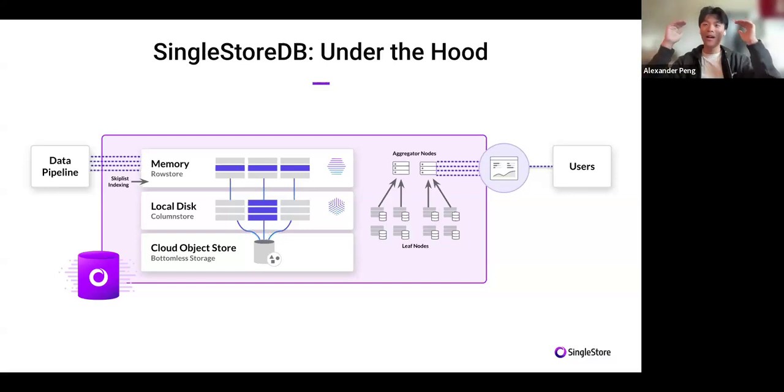Then we have a proprietary technology so that as you add more data, the data that's most accessed stays at the top in super fast query capability, and then we move to local SSD storage, and finally to bottomless S3 bucket storage in the cloud.